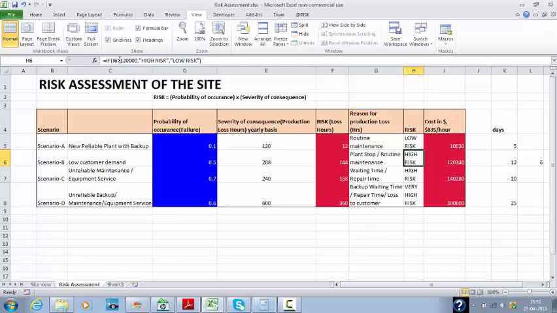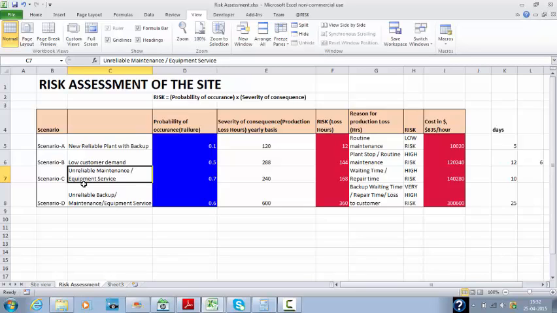Now I can go specific into this, but I just put the value here, which can be changed if we had the precise number. Now let's look into the unreliable maintenance and equipment service, which means if some particular part is not working, or if there is one particular equipment which has to be serviced, we have to either have planned maintenance, or if it's unplanned maintenance or a sudden failure, then we need to call the technician.